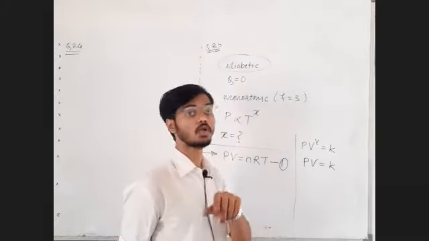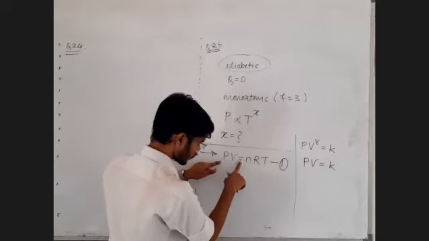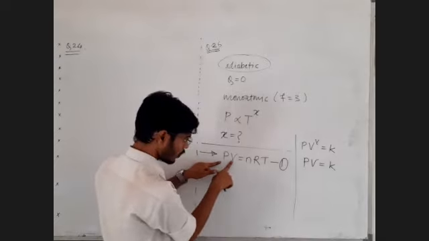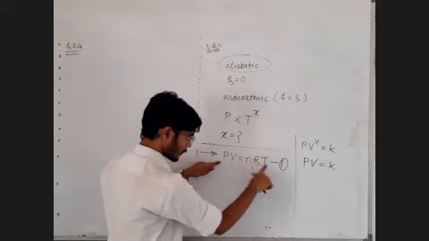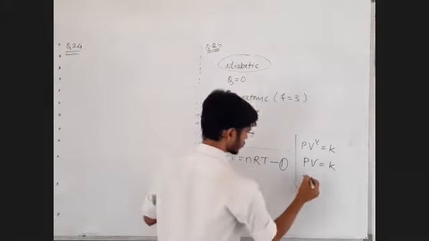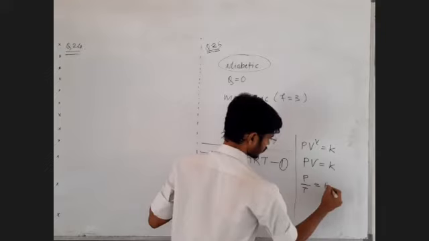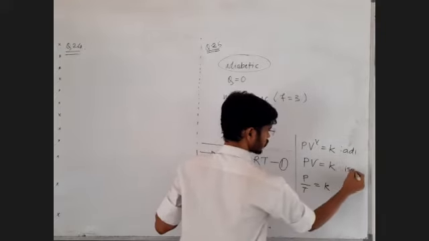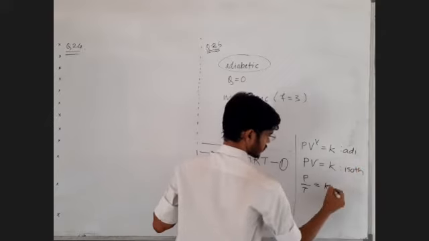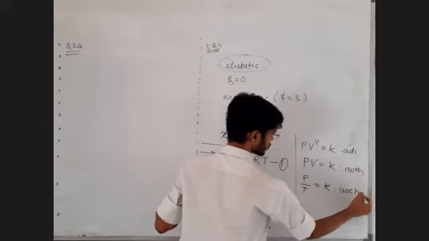Isochoric means volume constant, PV equal to nRT with volume constant, so pressure is directly proportional to temperature, or P upon T is constant. So this is the adiabatic state equation, this is the isothermal state equation, and this is the isochoric state equation.